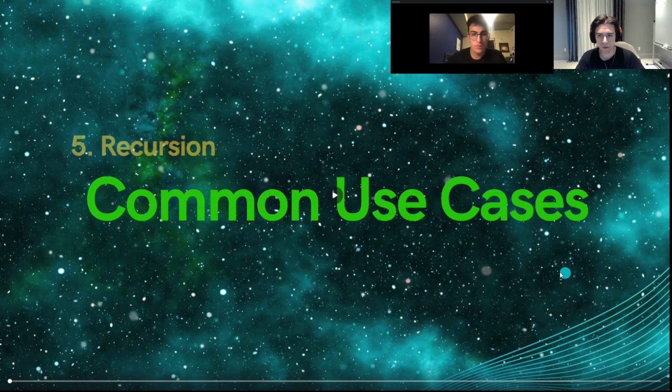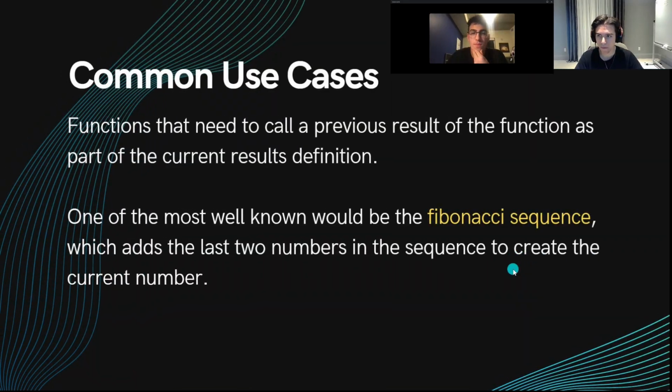So here are some common use cases: functions that need to call a previous result of the function as part of the result's definition. To break that down, let's say you needed to call a function on itself in order to continue a process to get your final result.